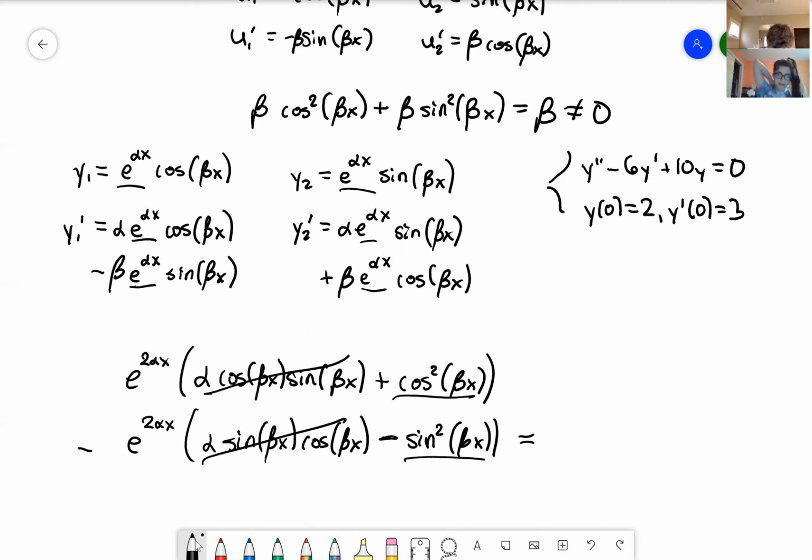Oh, I left out the betas here. So we'll have a beta here and a beta. There we go. Okay, and so now it's beta e to the 2 alpha x, which is non-zero. So I should stop here for the day.